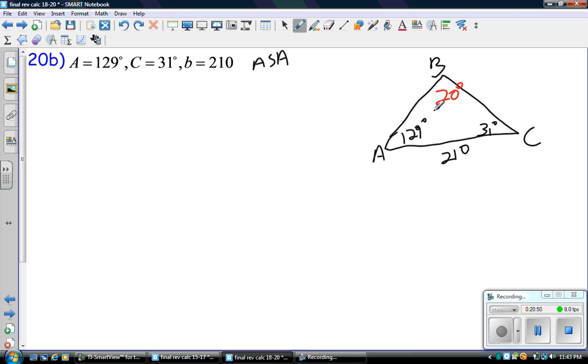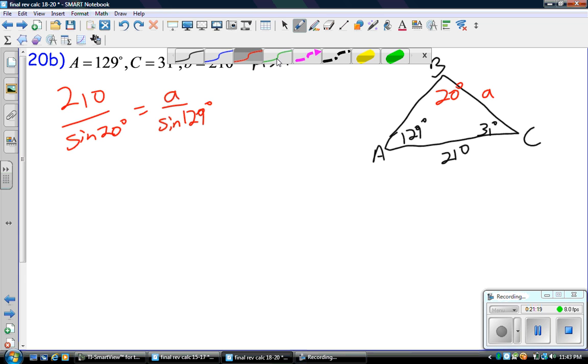Now I can use some law of sines. So if I want to solve for side A, lowercase a, I can go 210 over sine of 20 degrees, side, angle opposite, equals A over sine 129, side, angle opposite. Again, it's a proportion, so just cross multiply and solve.